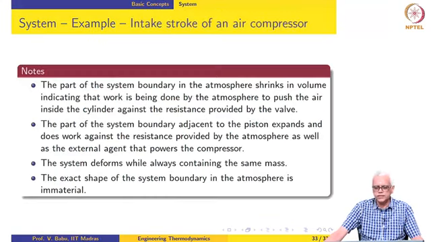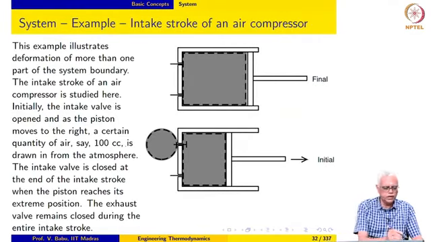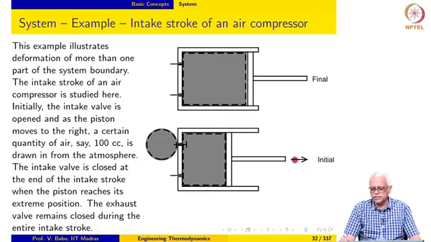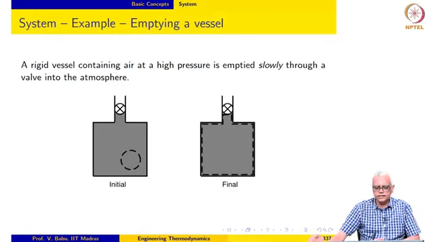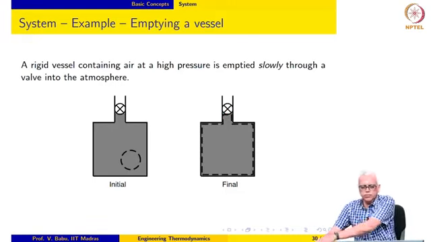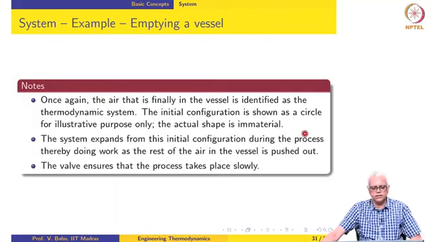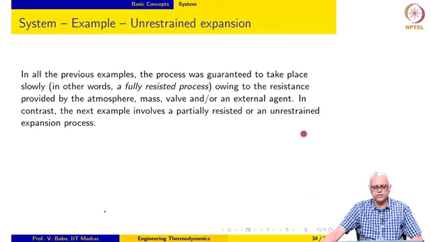So, for instance, if you look at this example, the resistance is provided by the external agent on this side, and in the previous examples, the resistance is provided by the valve itself, and so on. So, the presence of one of these things ensured that the process actually was a fully resisted process.